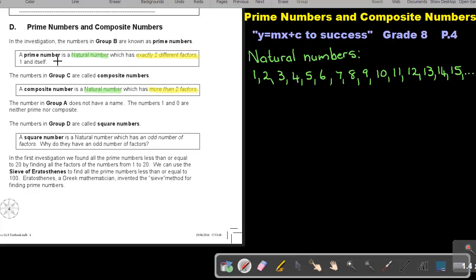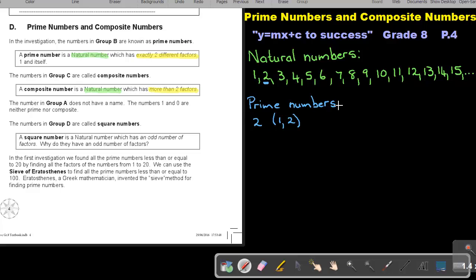Let's continue to the number 2. So let's just write here, I'm looking at prime numbers. So the number 2, what will be the factors of 2? The factors of 2 will be 1 and 2. It's exactly having two factors.